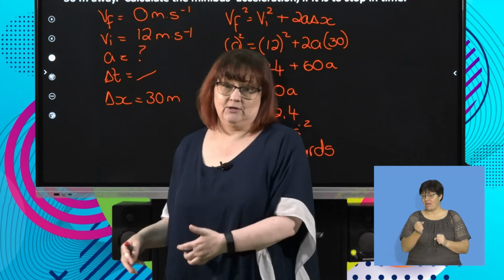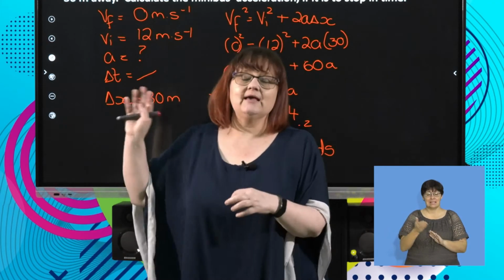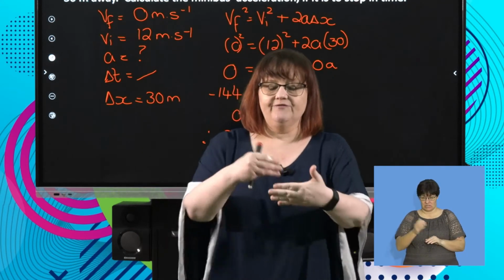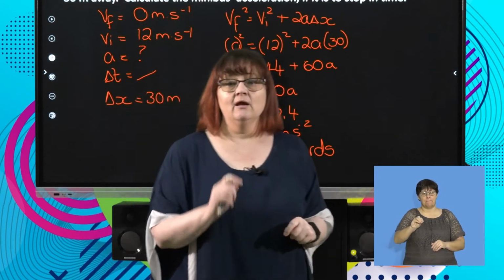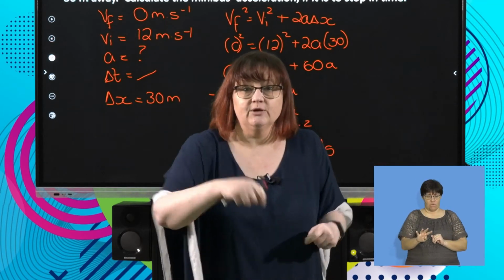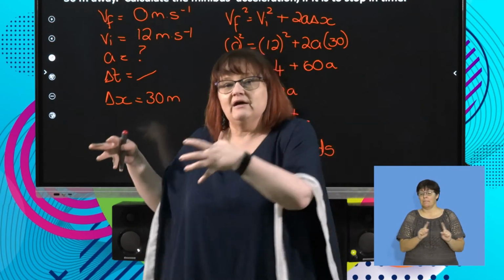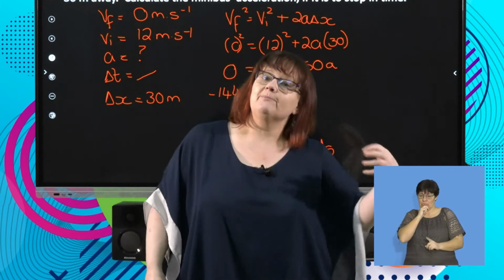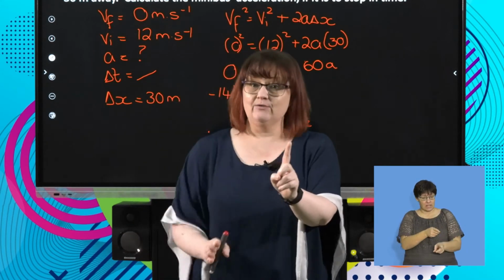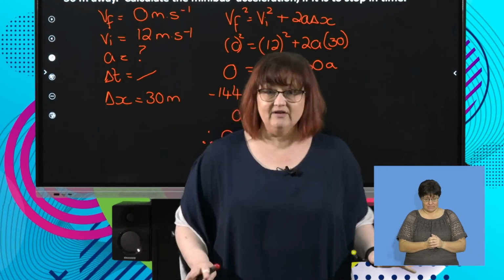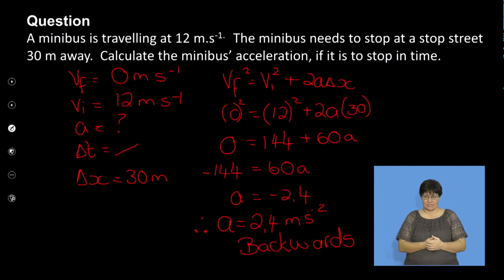Don't forget it. Acceleration is a vector. If I need to use this acceleration, so if there's another part to the question, I'll substitute in the negative value, because it is negative. But when I describe it, I use it as a positive value with a direction in words. You never have a negative value with the direction in words, ever. You cannot do that, okay?